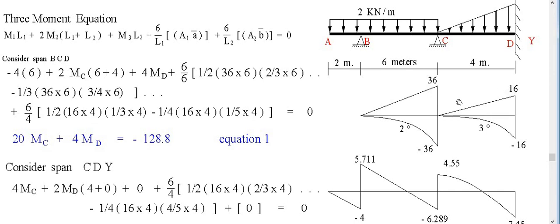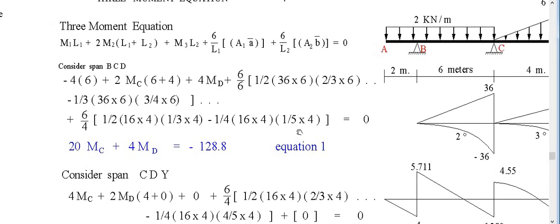For the second, right moment by parts, the origin of the distance must also be on the right. So 1/2 times 16 by 4, times 1/3 of 4. Minus this negative third degree curve, so minus 1/4 times 16 by 4. The distance from here up to the centroid is 1/5 of 4.